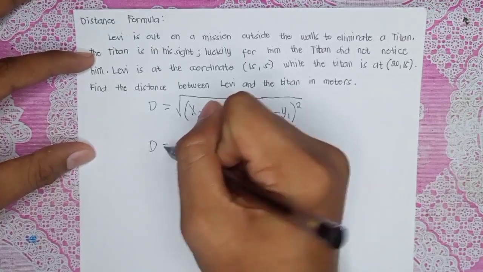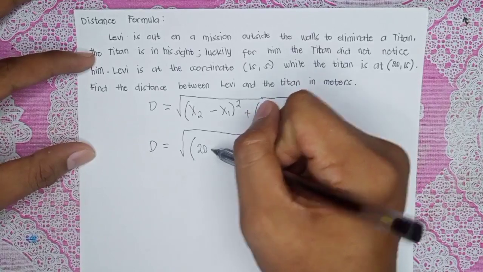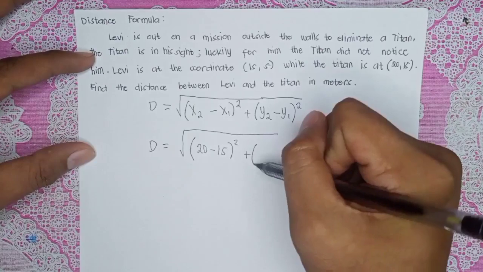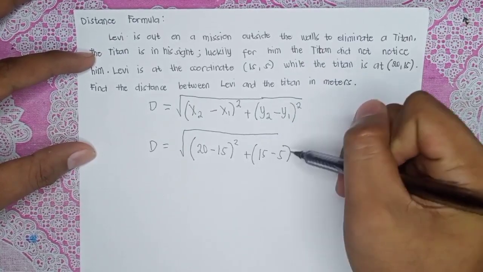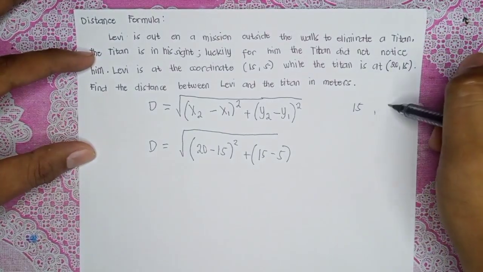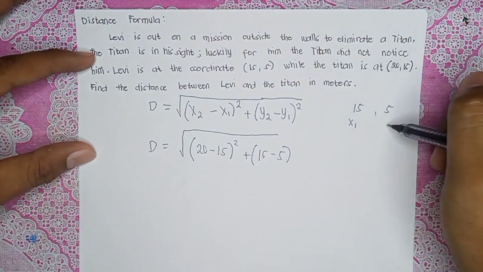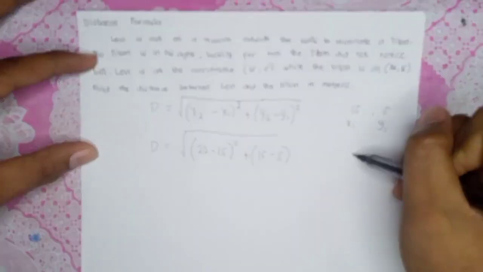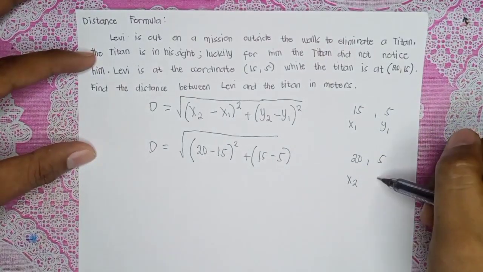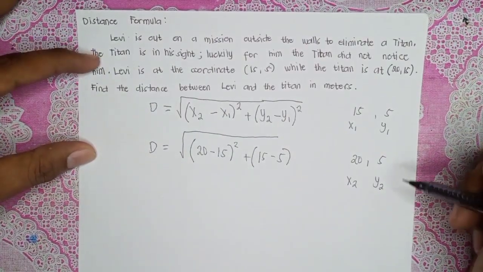Then we have the square root of 20 minus 15 squared plus 15 minus 5 squared. Take note that in 15 and 5, our x1 is 15 and our y1 is 5, and in 20 and 15, our x2 is 20 and y2 is 15. Okay, continuing to the equation.